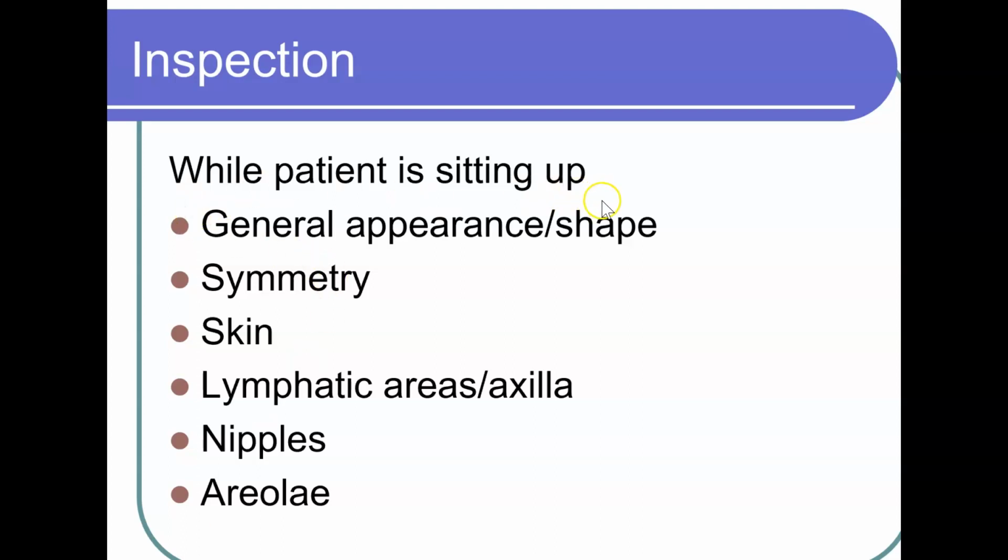So while the patient is sitting up, you want to look at the general appearance. You want to look at the shape. You want to look and see if the breasts are symmetrical.